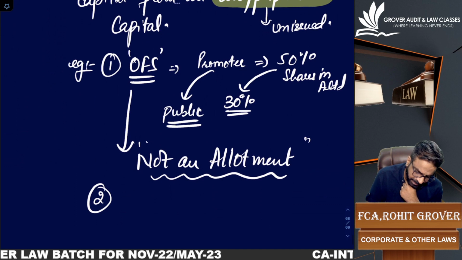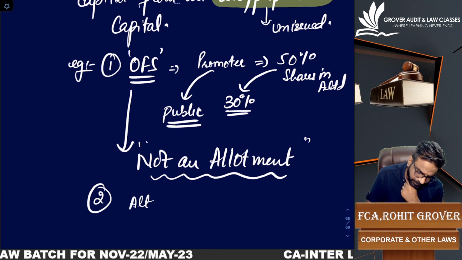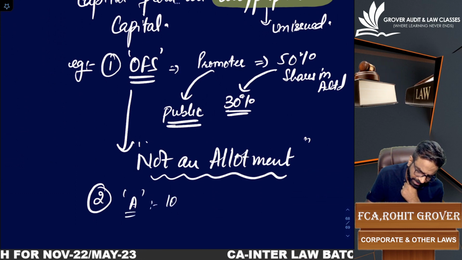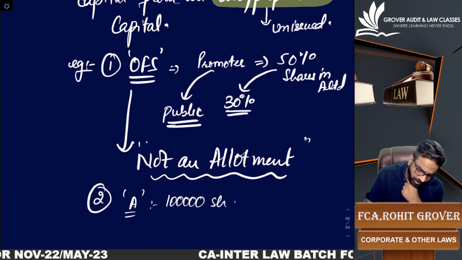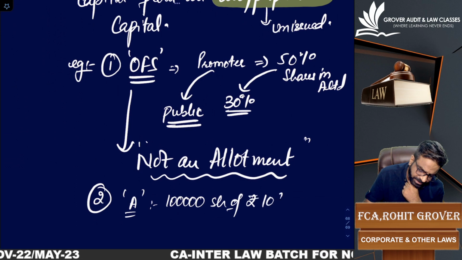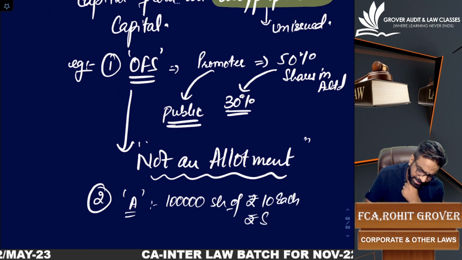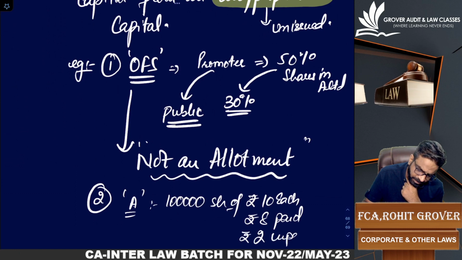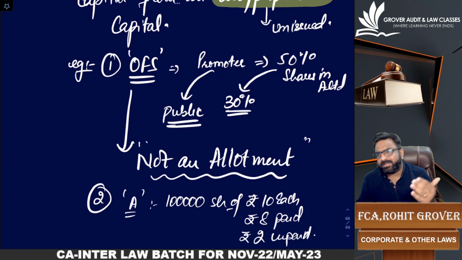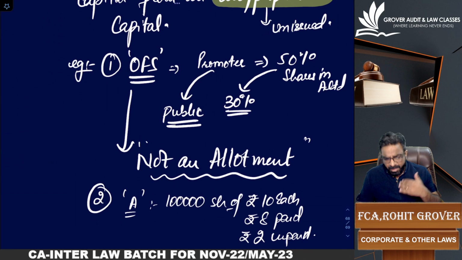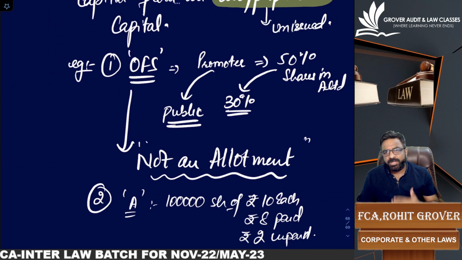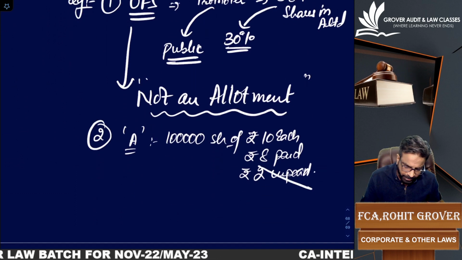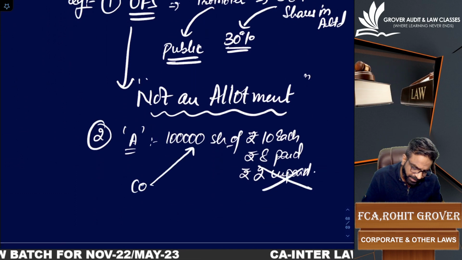So say for example, A Limited: Mr. A was holding 1 lakh shares of rupees 10 each, rupees 8 paid, rupees 2 unpaid. The company sent the intimation so many times to Mr. A, please pay your 2 rupees call money. Did A pay or not? A did not pay. So the company forfeited these 1 lakh shares.